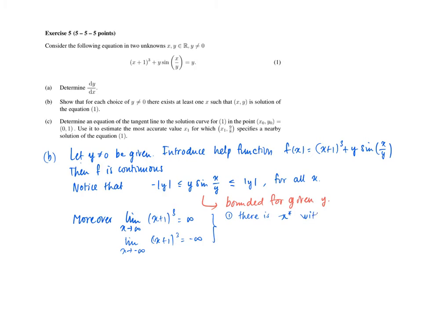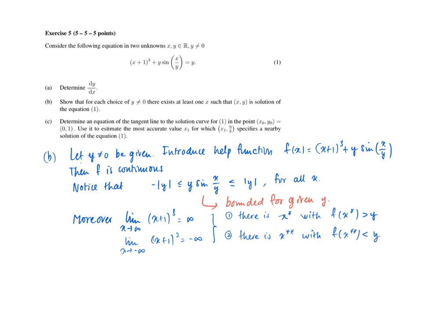So especially, there should be an x star with f(x star) larger than y, and there also is an x double star with f(x double star) smaller than y.